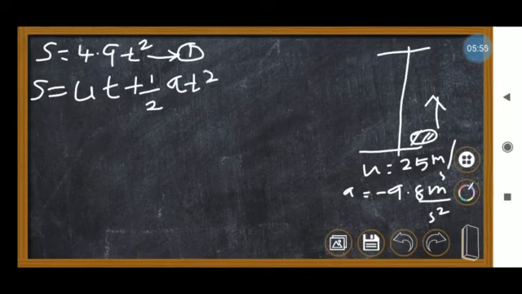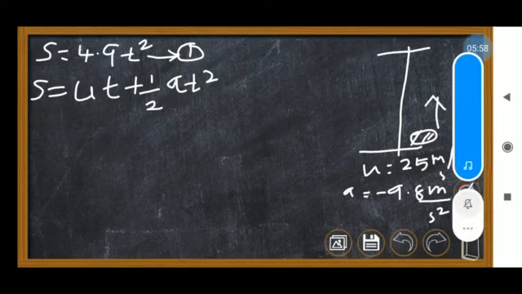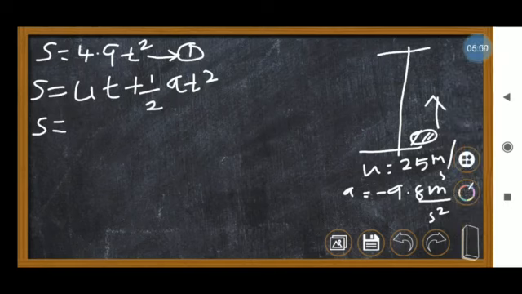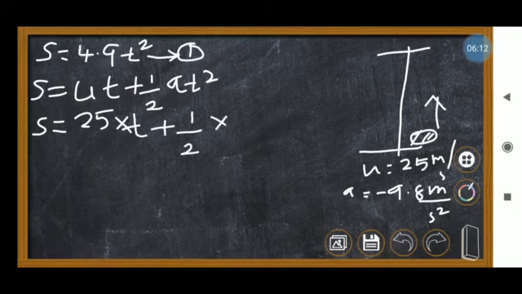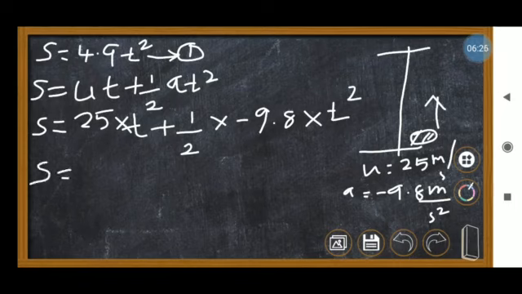Here u is 25 and t is t itself, plus half into, since you are throwing upwards, minus 9.8 into t square.